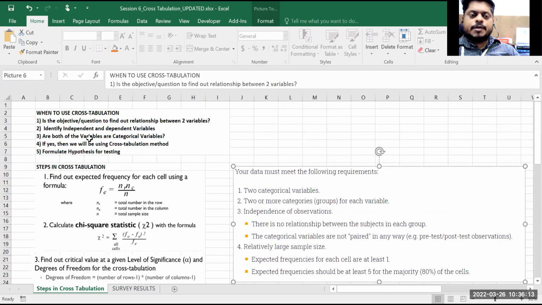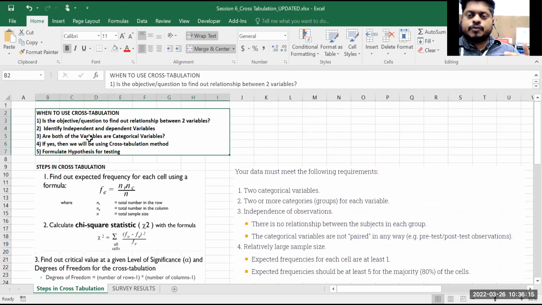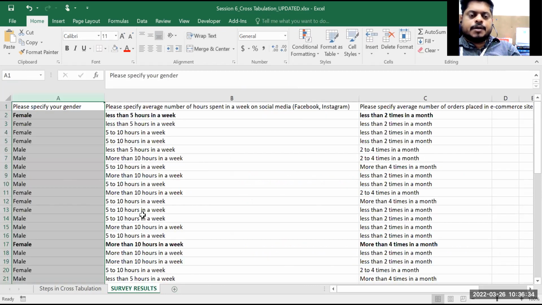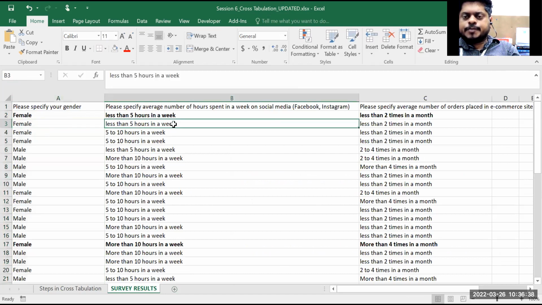So can anybody tell me, if my research objective is to find out a relationship between two variables, what will be my alternate hypothesis, what will be my null hypothesis? So if my research objective is to find out, let's say, the relationship between gender and the number of hours people spend on social media.